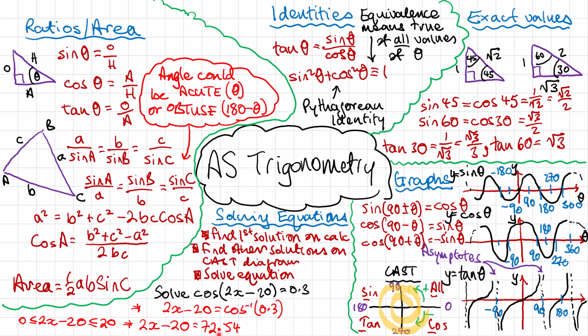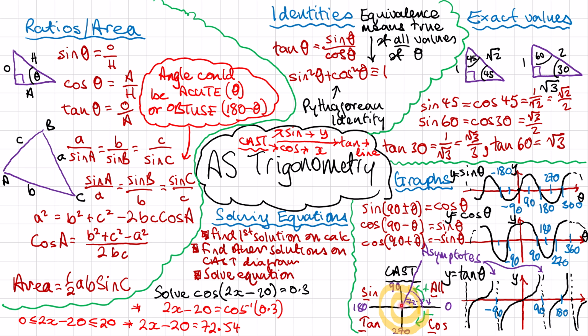So I mark on the principal solution that I found, and that is the 72.54 degrees. So I'll just mark that on here like this and mark this as 72.54 degrees. Now, when using a cast diagram to find other solutions, if we're solving an equation for sine, the line that we've drawn, that principal solution, we reflect in the y-axis.